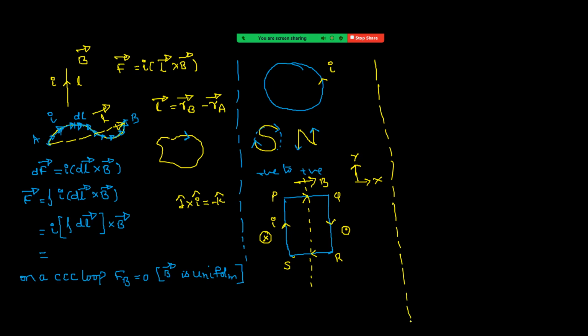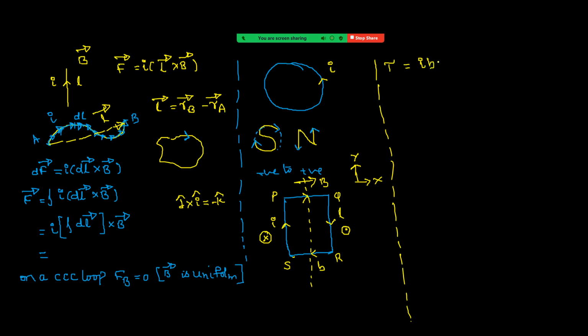Then see, on PS and QR, forces are of the same magnitude but opposite direction. They form a couple, right? So torque is given by force acting. Let me take this length QR equal to L, RS equal to B. Then force acting is I into length.